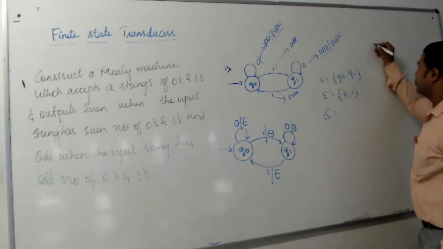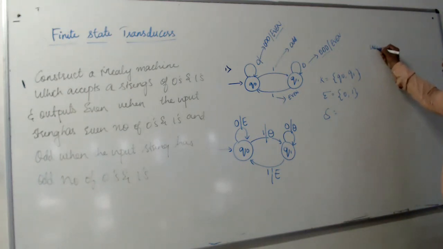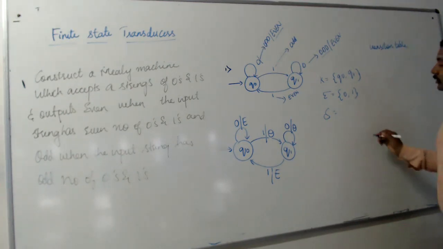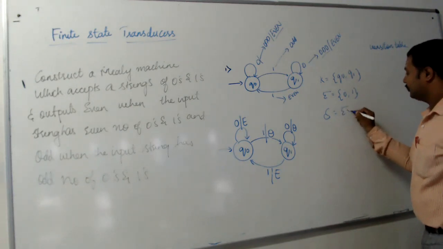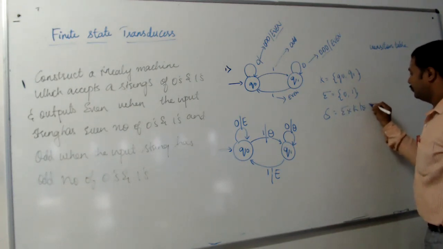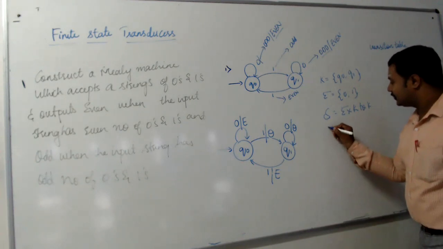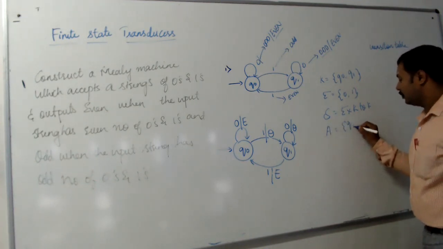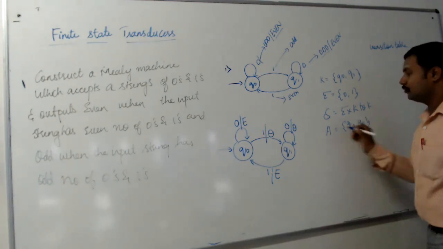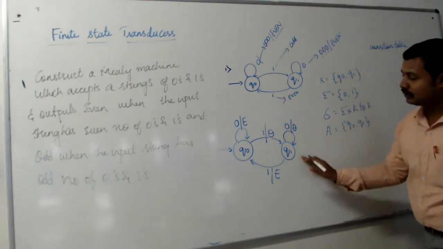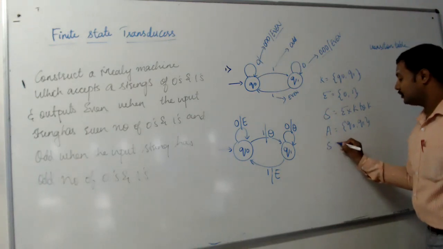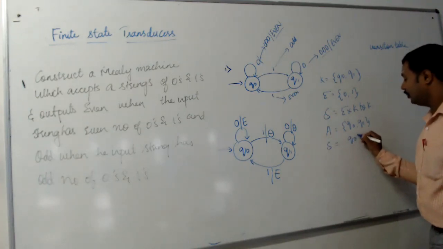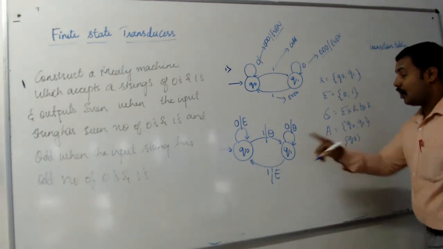So the transition table is sigma to K to K. Next is the start state. Accepting states: both Q0 and Q1 will be accepted. So even should be accepted, odd should be accepted. Starting state Q0. Next, output symbols.